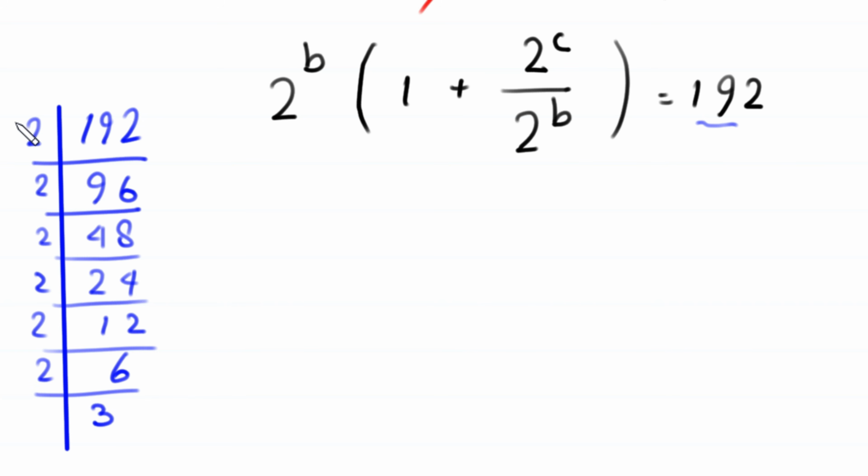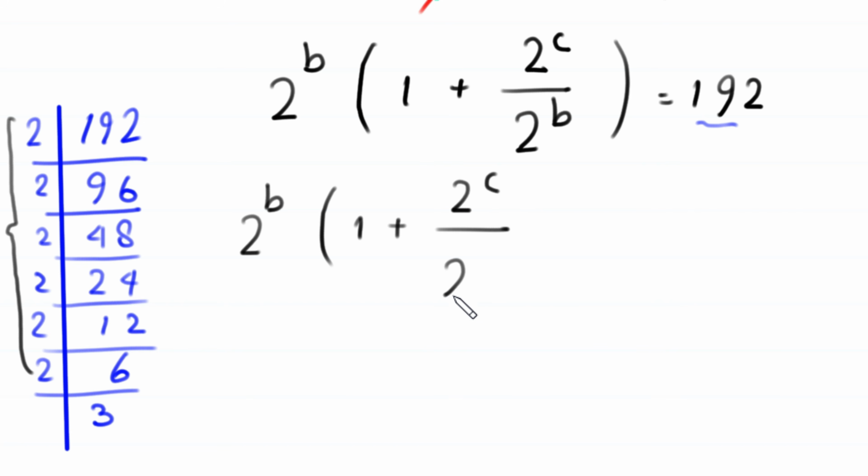Since we have 6 times 2 and 1 time 3, we can rewrite this expression as 2 to the power b times 1 plus 2 to the power c divided by 2 to the power b equal to 2 to the power 6 times 3.